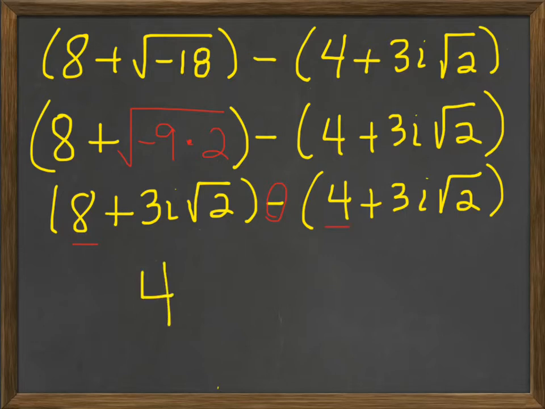When we combine the imaginary parts together, 3i square roots of 2 minus 3i square roots of 2, those are going to cancel out, leaving us with an answer simply of 4. So you need to check problems to make sure you get your parts looking the same, imaginary parts looking the same, in order to combine them.